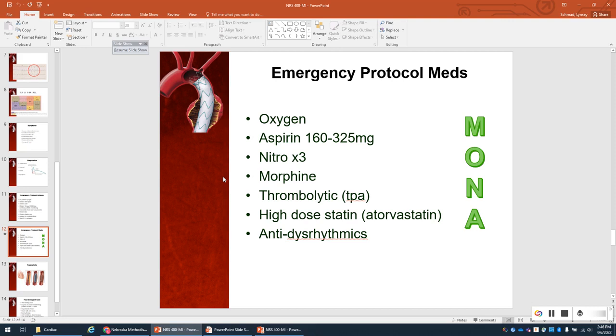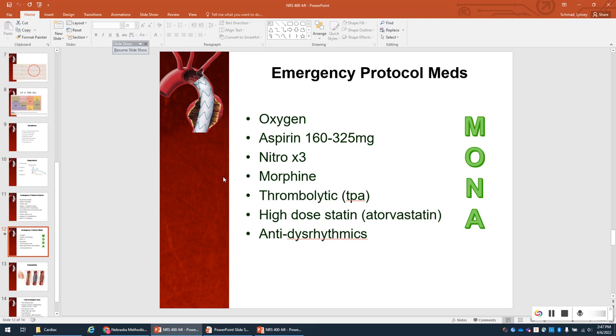Nitro, or nitroglycerin, we're going to give 3 tablets, usually sublingually first, 1 tablet every 5 minutes until IV nitro is prepared. So nitro decreases the preload and afterload while increasing the oxygen supply to the heart. Common side effect of nitro is hypotension, so we need to be aware of this and watch for that.